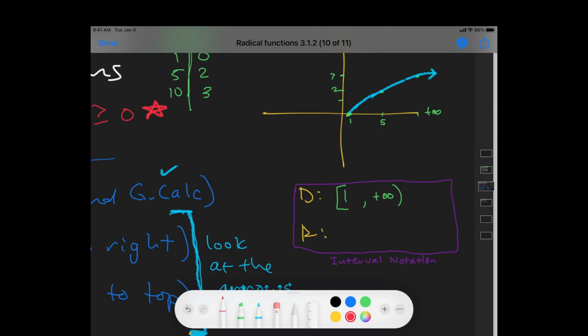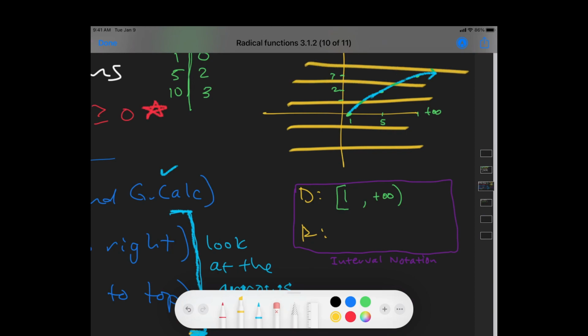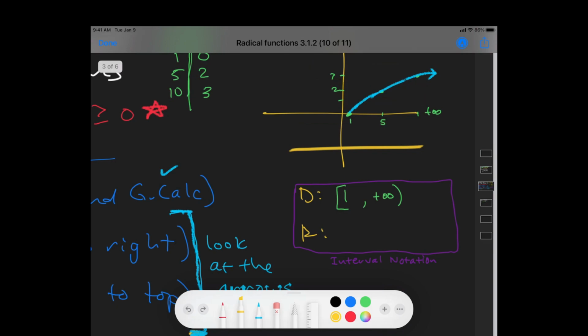All right, let's find the range. Range is going from bottom to top. Let's do the same thing. I'm going to draw a bunch of lines going horizontally this way. This is not the horizontal line test. Again, going up from bottom to top, the first thing the graph is actually going to hit is the y value.